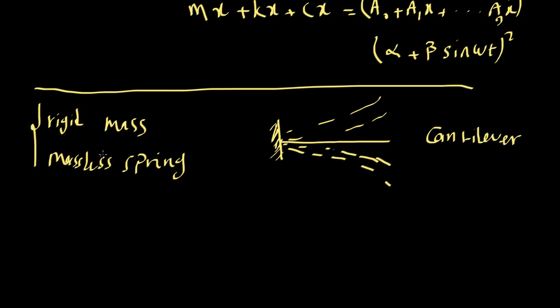So in this system, we don't have a rigid mass, and the stiffness is in the structure itself. So the mass and the spring are distributed in the whole system. They are not concentrated at separate points. So this would be a topic of a course called vibration of continuous systems.